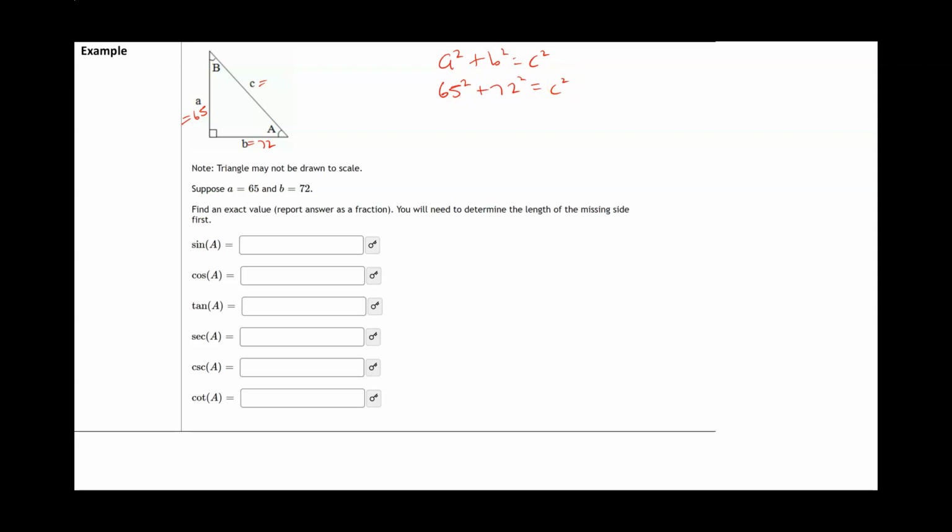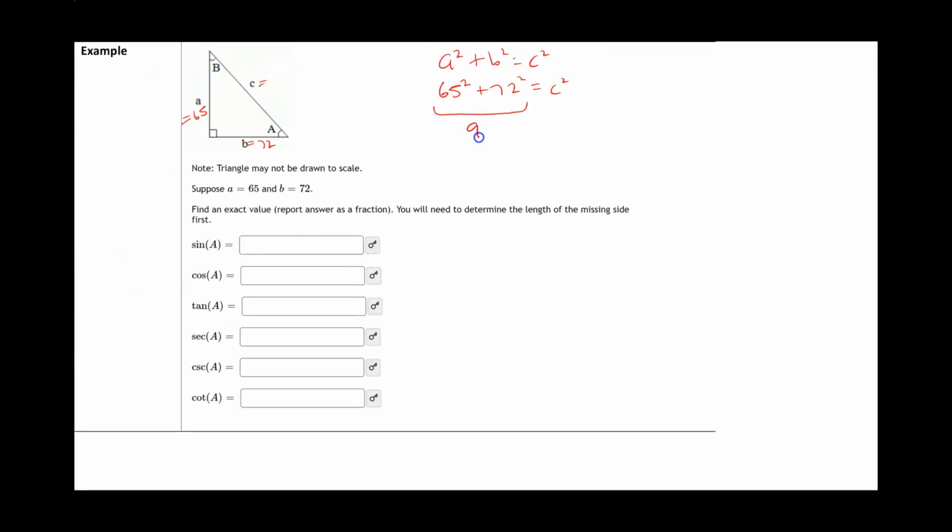I will leave you to do this work, because we've practiced this before. If you add these together, this gives us 9409. If you square root both sides, we get C equals 97.